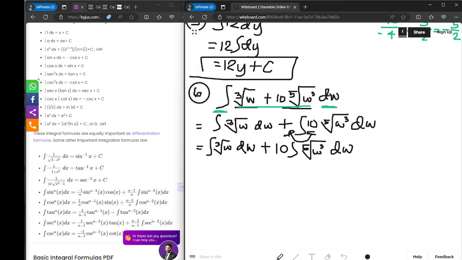If we recall, we actually have, I think that's on power rules or exponents, I forgot the title. If you have cube root of w, that is just the same as w raised to power of 1 over 3.